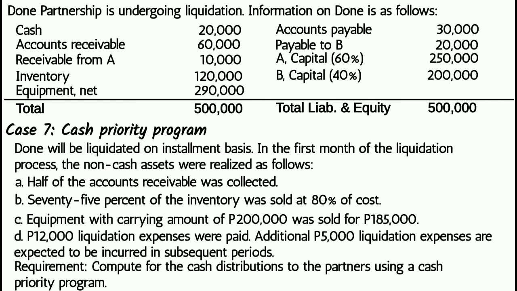C. Equipment with carrying amount of 200,000 pesos was sold for 185,000 pesos. And D. 12,000 pesos liquidation expenses were paid. Additional 5,000 pesos liquidation expenses are expected to be incurred in subsequent periods. Requirement: compute for the cash distributions to the partners using a cash priority program.